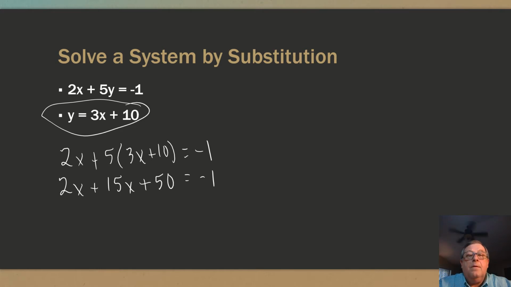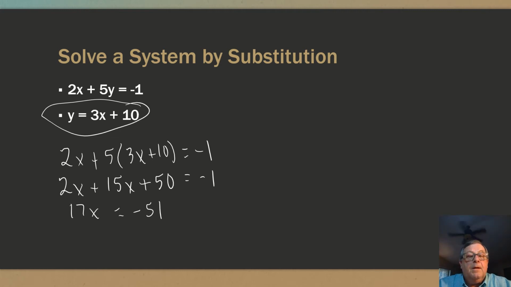And well, we can combine the two like terms. 2x and 15x is 17x. They like 17 in this, don't we? And then we can subtract 50 from both sides. And so -1 minus 50 is going to equal -51.